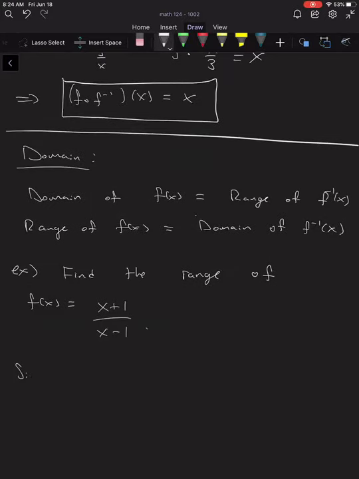So since we can't find the range directly, let's put these little bullet points up here.